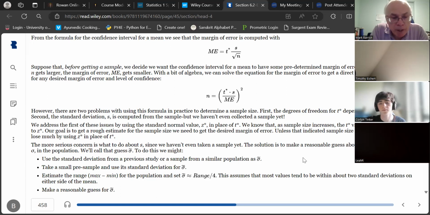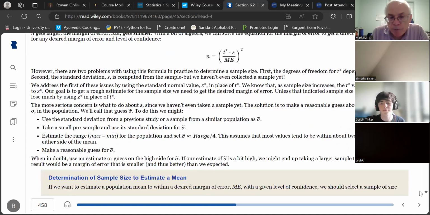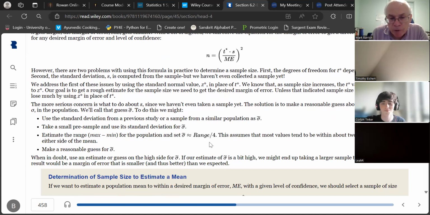Another possibility is to use this formula right here. This is something you may want to pay attention to, because it's possible that you may be asked to use this formula. So how do you find this formula? It says use the range divided by 4. Now, if you remember, the range of a data set is the largest number in the data set minus the smallest number.